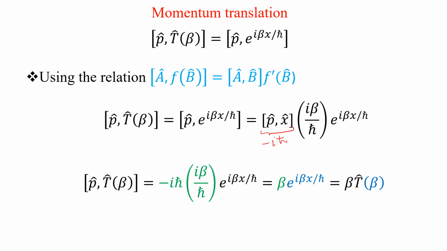Then minus i into i, that is minus i squared, is 1, so this will become beta, and this exponential term is naturally the T. So this will become beta times T of beta. So now the commutation of p with T is equal to beta times T.